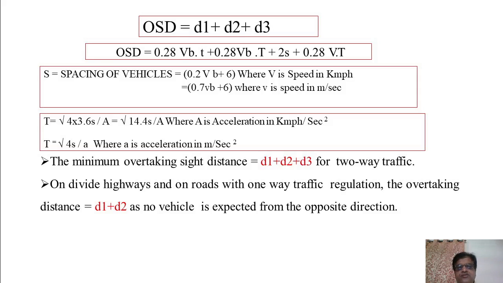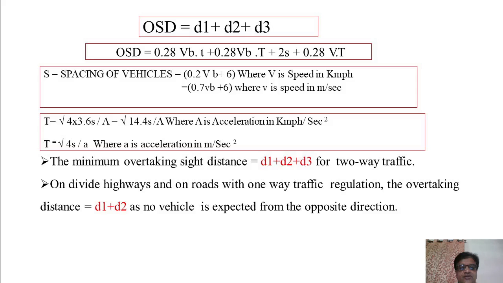So here V is speed in kmph. If the same speed is expressed in meter per second, then it is 0.7 vb plus 6 meter, where the speed is in meter per second. T, the total reaction time, is calculated by using the formula square root of 4 into 3.6 s by capital A, that is, 14.4 s by A, where A is the acceleration in kmph per second square.